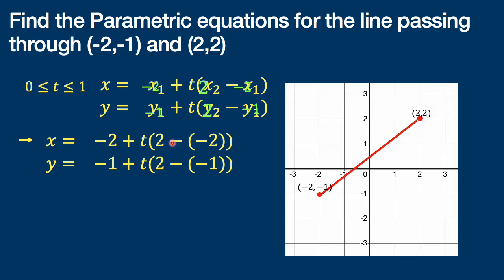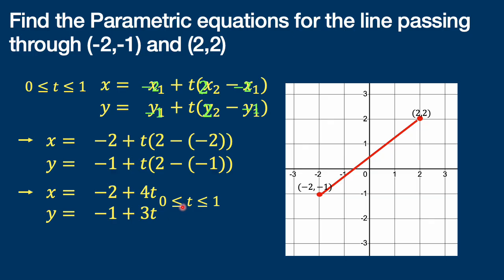So 2 minus negative makes positive. You have x equal -2 plus 4t. 2 minus negative 1 is positive, that makes 3t. y is going to be -1 plus 3t. So you have this parametric equation for the line segment where t is going to be 0 to 1.